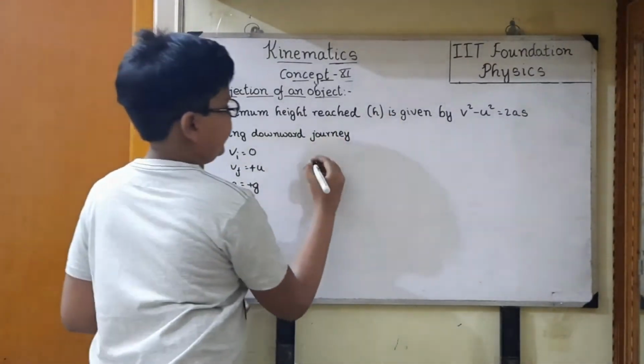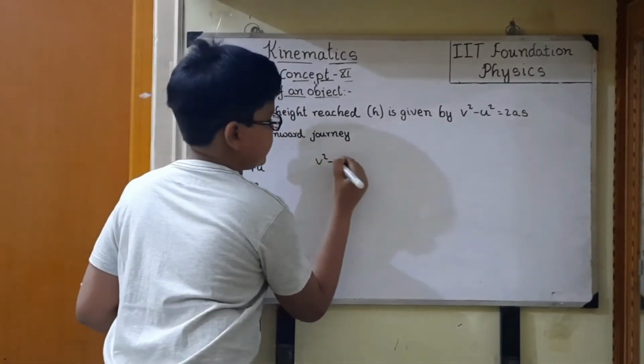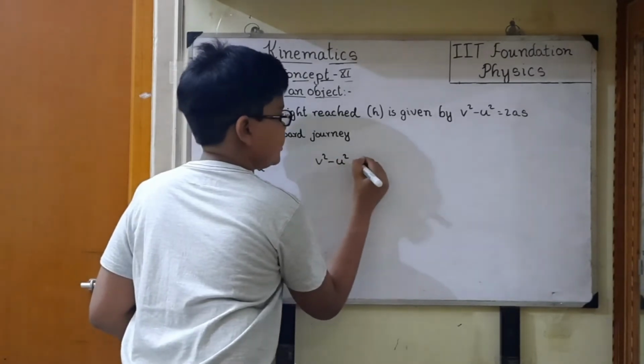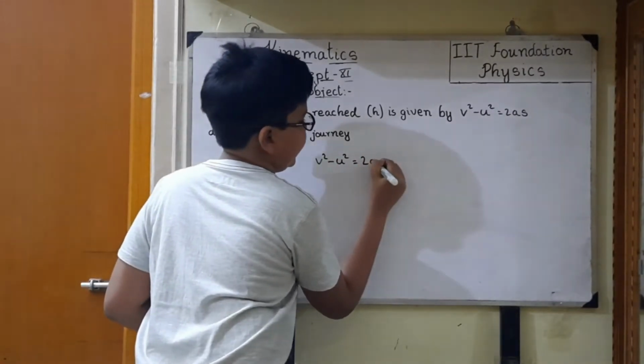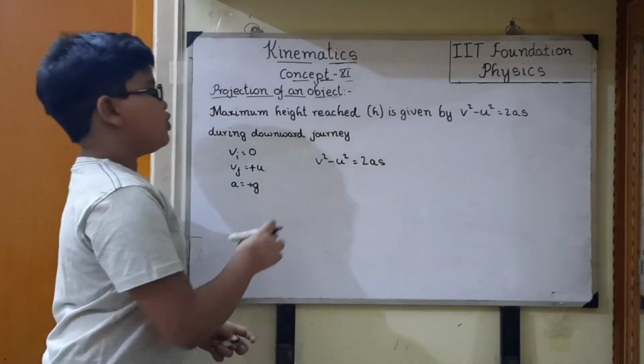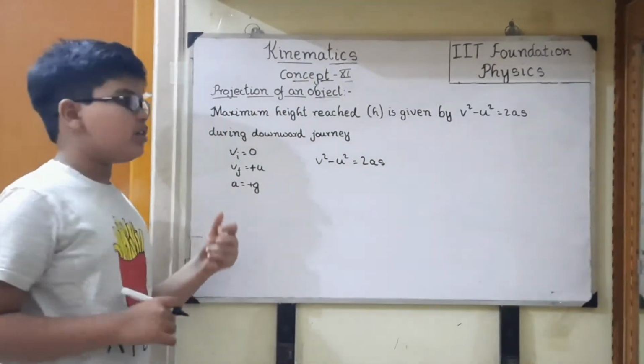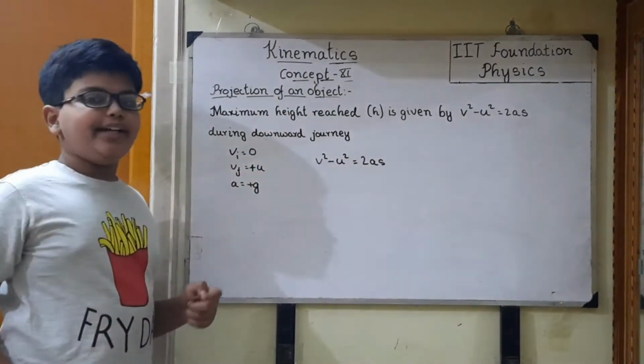So let's write the equation. v square minus u square is equal to 2as. Here v is final velocity and u is initial velocity.